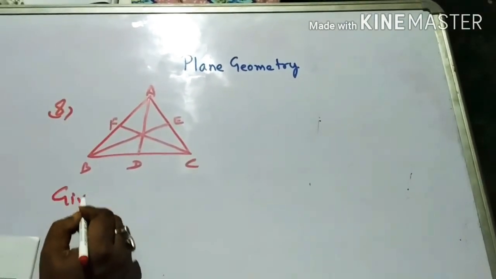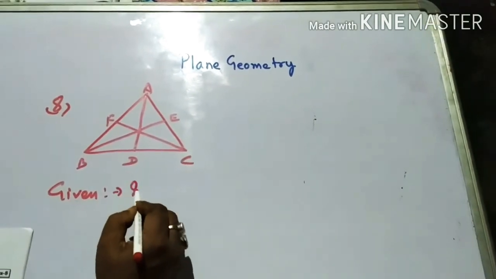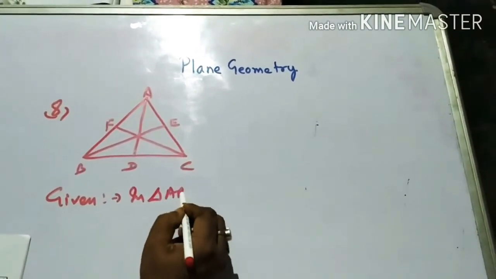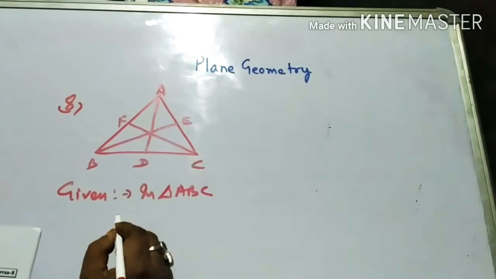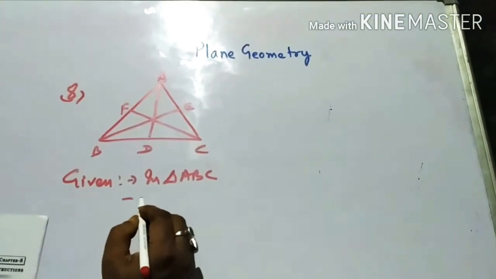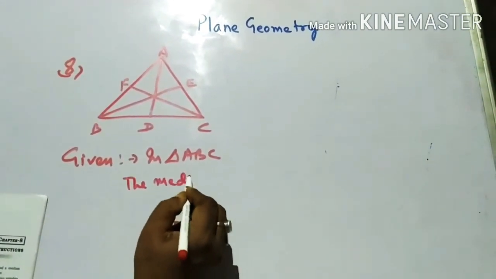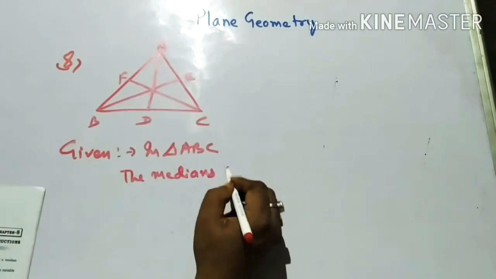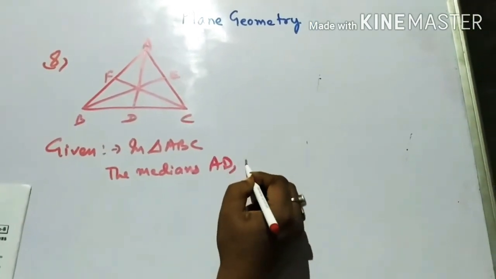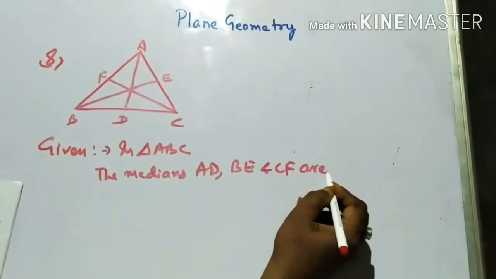Given in triangle ABC, the medians AD, BE, and CF are equal.